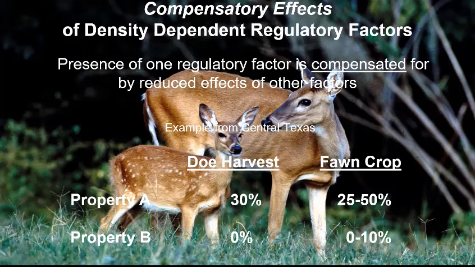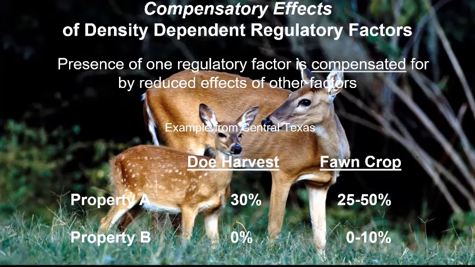It's kind of like, if you're old enough to know the old Fram oil commercials, you can pay me now or pay me later. Property A was paying now, removing does, having recreational harvest for the does, and they had a good fawn crop following that, compensated because of the doe removal. Property B did not remove does, and so the health was not compensated, and so they had a low fawn crop.